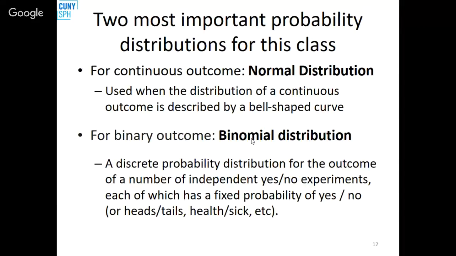But by the end of today, we won't be doing hypothesis testing, but we should be able to, before the exam, make calculations of probabilities using these distributions. I'll show you how to do that during the rest of the lecture today.